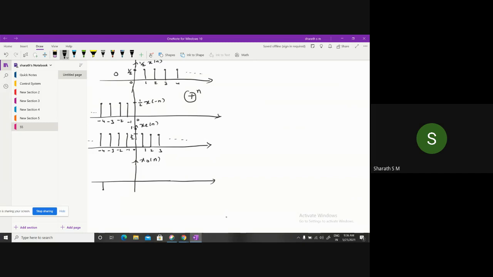So from minus infinity to -1, it is -1/2. So -4, -3, -2, -1. At 0, it is off minus off, which is 0. So at 0 it is 0. And here it is 1/2 minus 0, which is 1/2. So this is the odd signal.